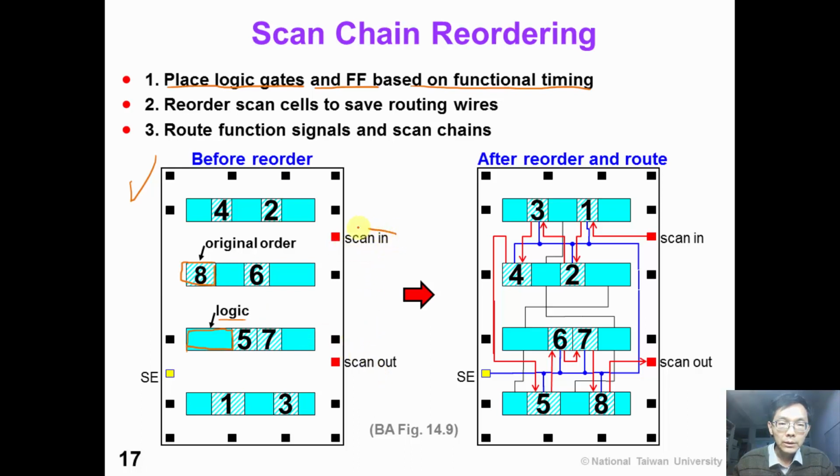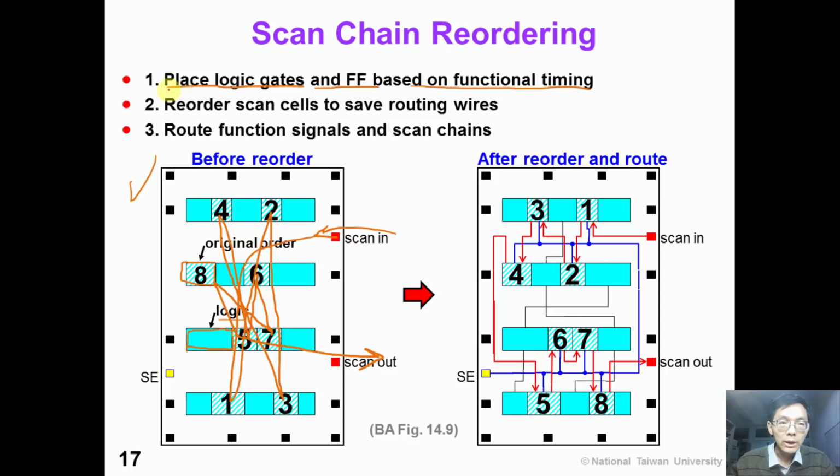If we scan in from here, we will need to route to scan cell number 1 and 2 and 3 and 4, 5, 6, 7, 8. This is apparently a very bad routing because we go back and forth.